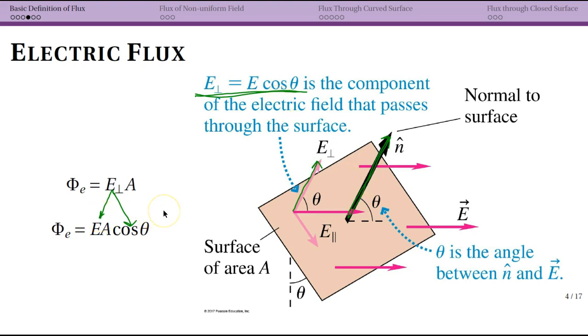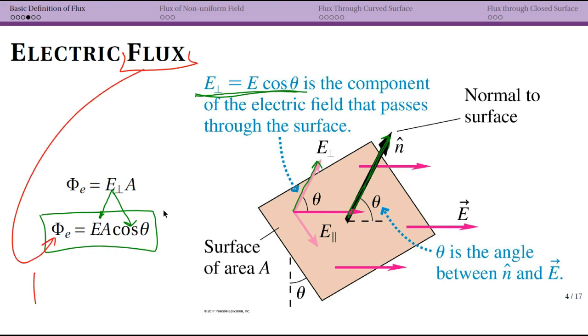So the definition of flux in this case, this key equation here, is that flux, which is capital phi, you might be familiar with writing it that way, or you might do a little lowercase.